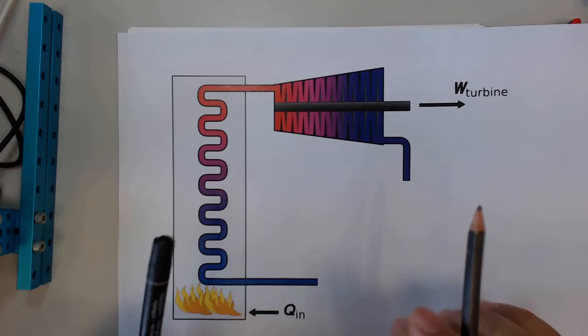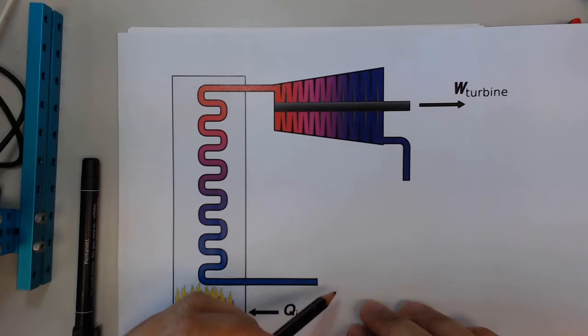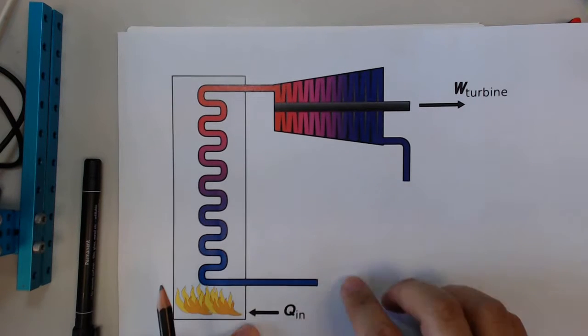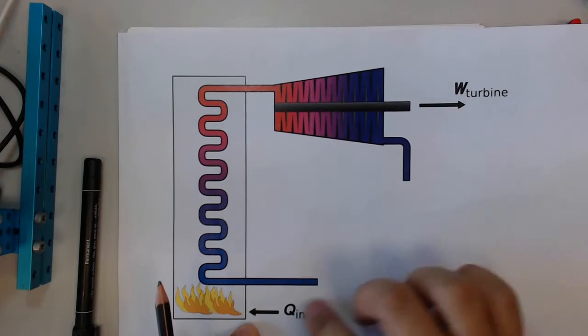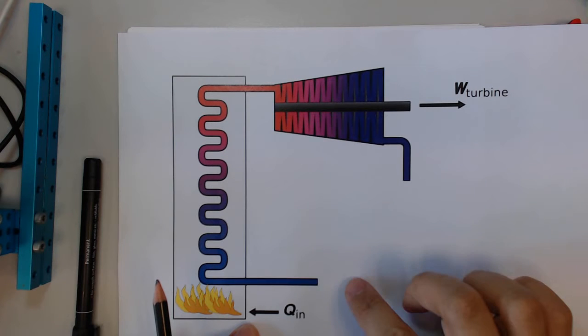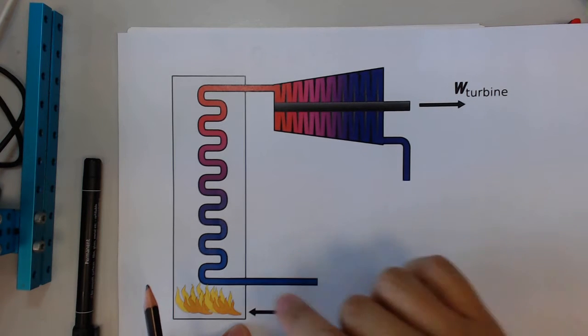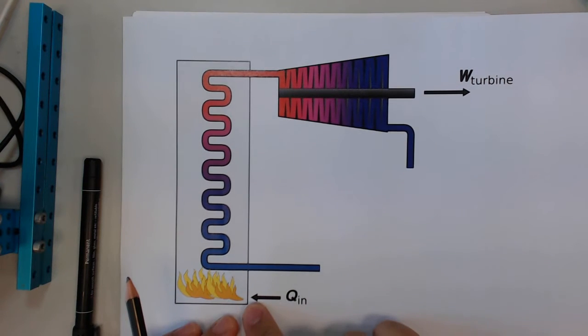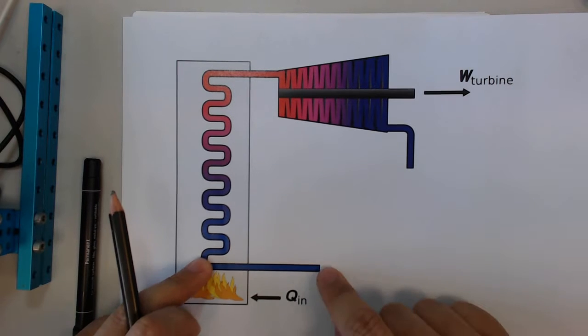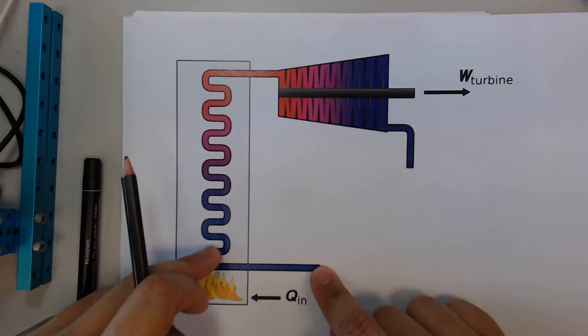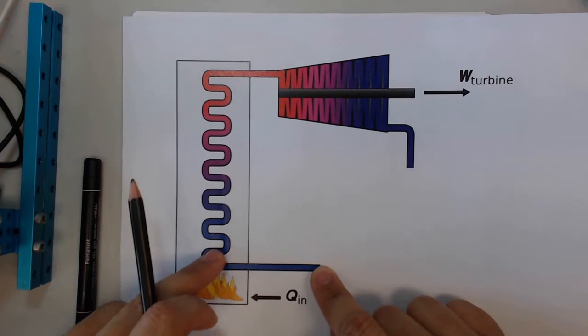Let's say a particular fluid undergoes this entire system, and as it flows in, heat is supplied over here, and naturally the fluid gets heated up.